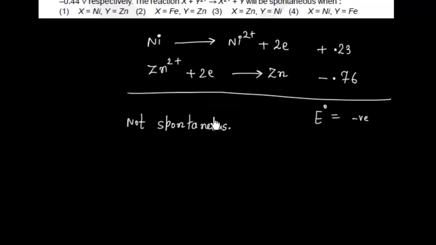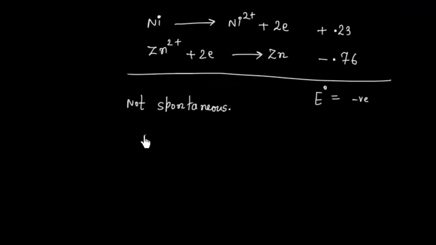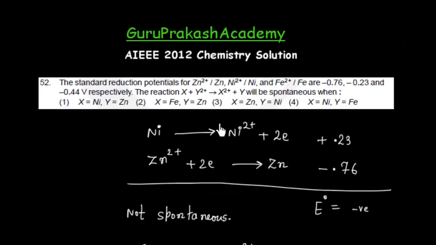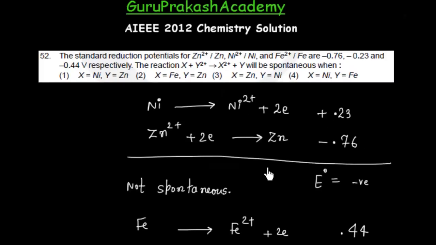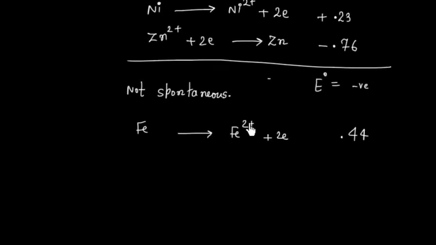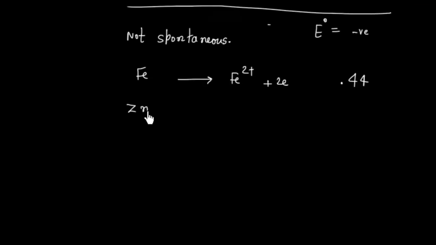Let us check the second option. You have X is iron, so you have Fe to Fe2+ plus 2 electrons, and now E degree value in this case, Fe2+ to Fe is minus 0.44, so I have reversed, so this is plus 0.44. Now the next Y is zinc, so I have Zn2+ plus 2e giving zinc.